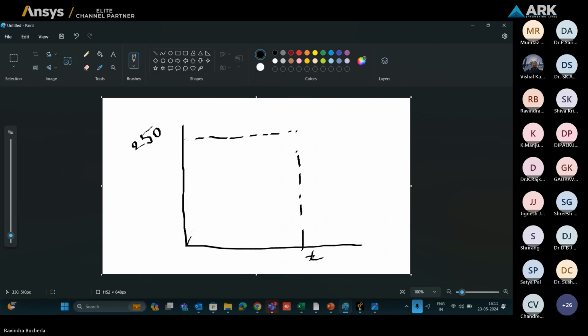Instead of converging, it is diverging. If the solution diverges in the opposite way, then instead of applying 250 newtons as the applied force, it will apply less.